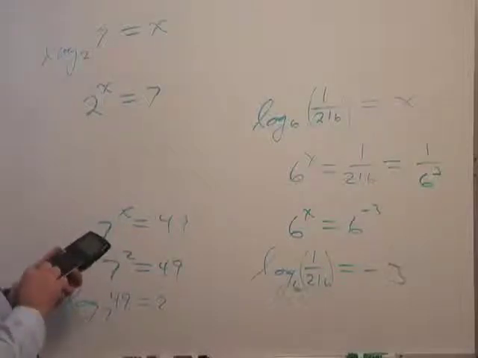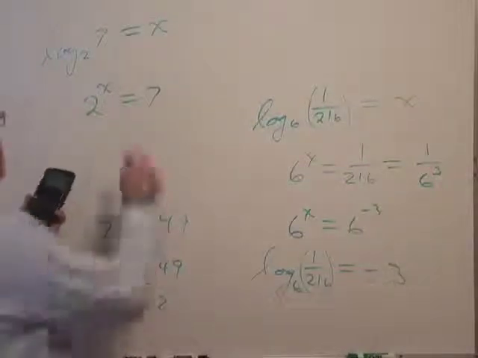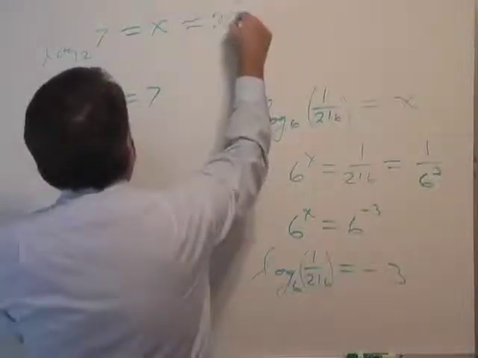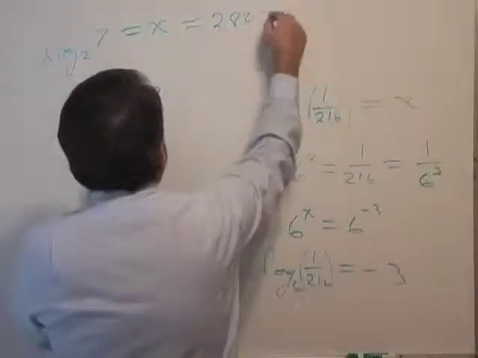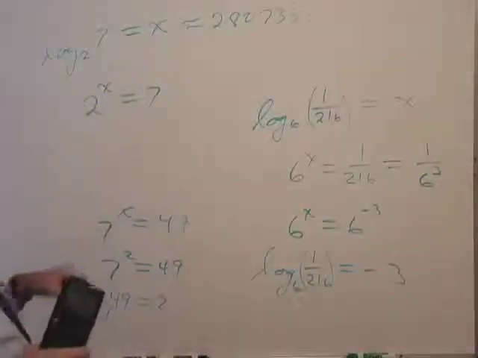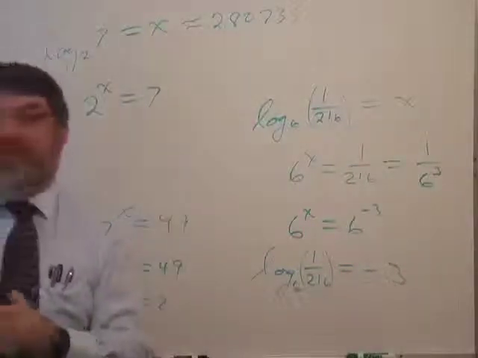So I can tell you what this is approximately because I know how to do it. So actually the log of 7 base 2 is about 2.80735. And it goes on forever. But if you put 2 and raise it to this power, you're going to get something very close to 7.